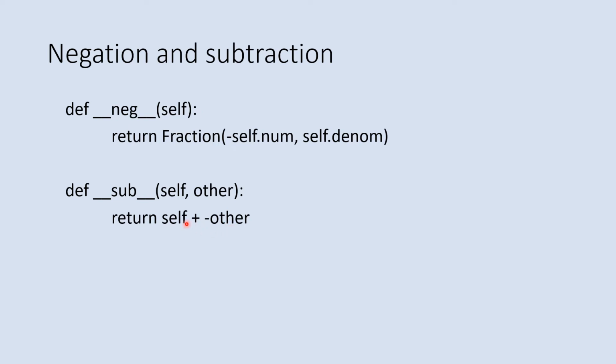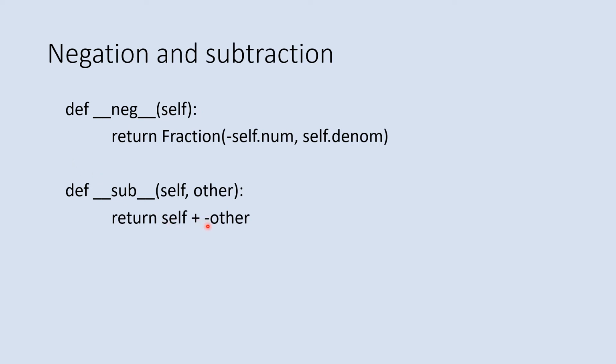What Python will do is return back to the plus, or the dunder add method, right? It sees the plus sign, so it returns to the dunder add method, and it would apply that method appropriately. If the person had put a fraction as the other, so a fraction minus another fraction, then Python would see self, which is a fraction, sees the plus, so it would go to the dunder add method.